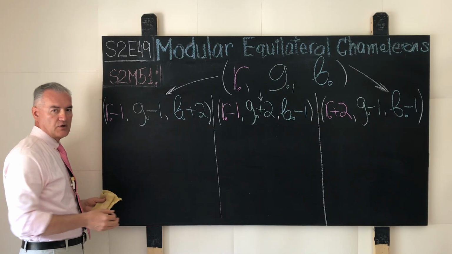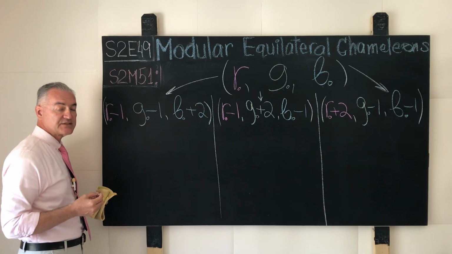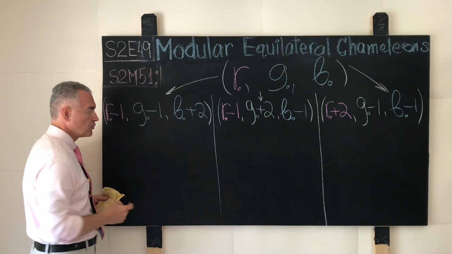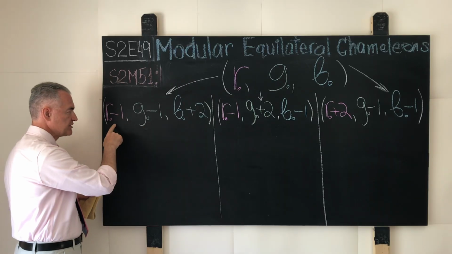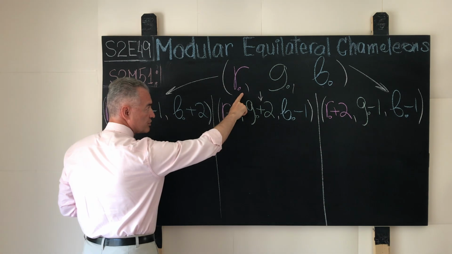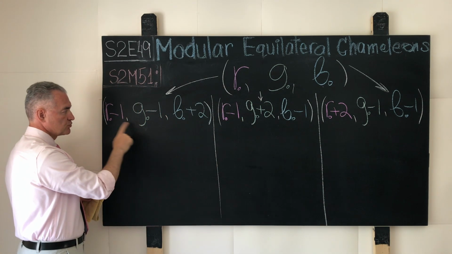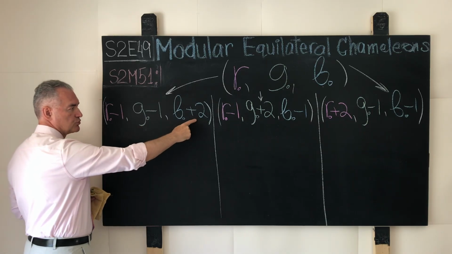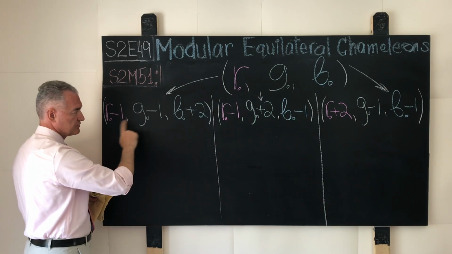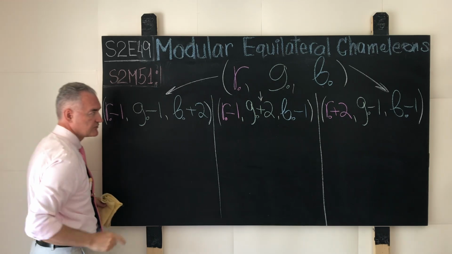No matter how these chameleons bump into each other, the next time the color changing meet takes place, what can happen? Well, the first thing that can happen is this. The red and the green chameleons meet, and that means the original ordered triplet RGB is taken into what triplet? R minus 1, G minus 1, B plus 2, because now there are 2 more blue chameleons in this family, because they came from one green, one red.